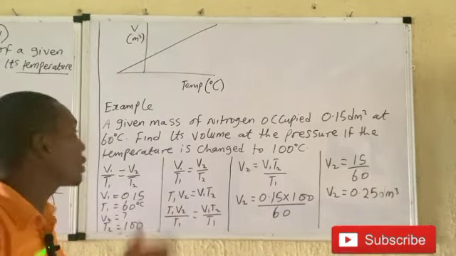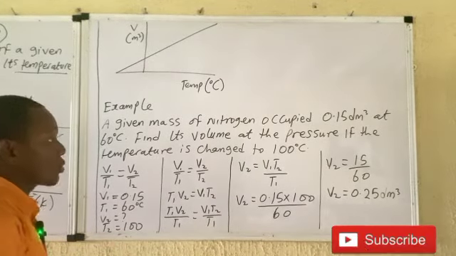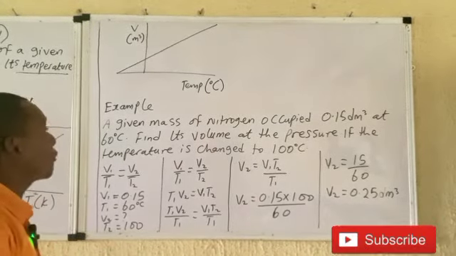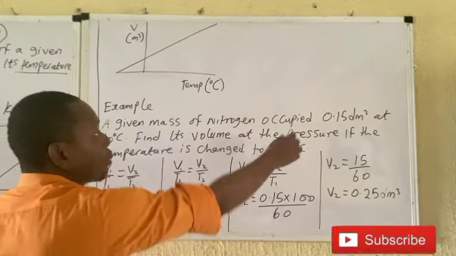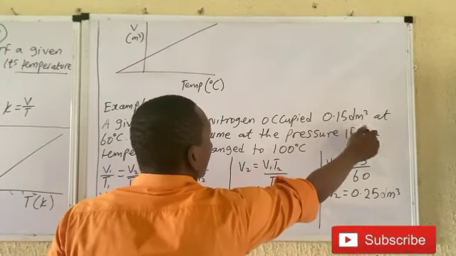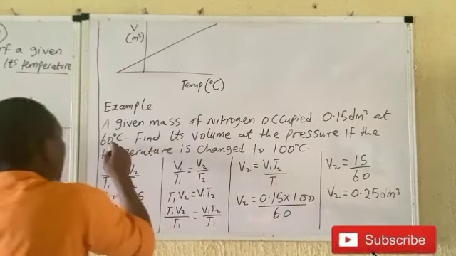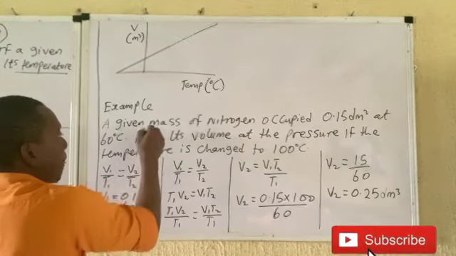So let's quickly take a look at a particular example where we can solve using the formula of Charles' law. A given mass of nitrogen gas occupies 0.15 dm cube at 60 degrees Celsius. Remember, mass is constant here.